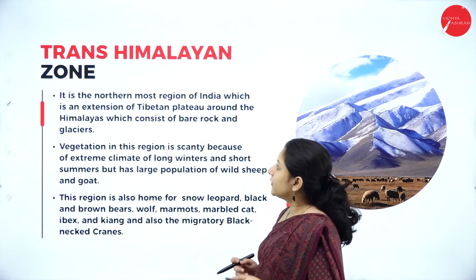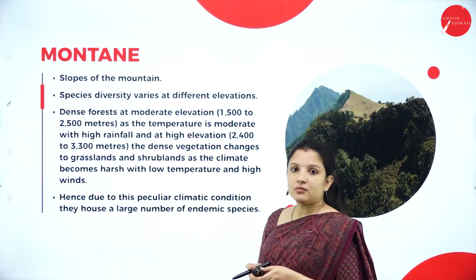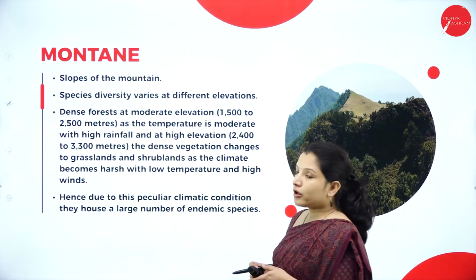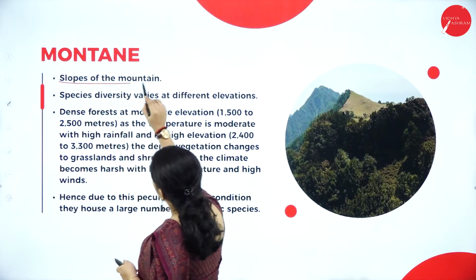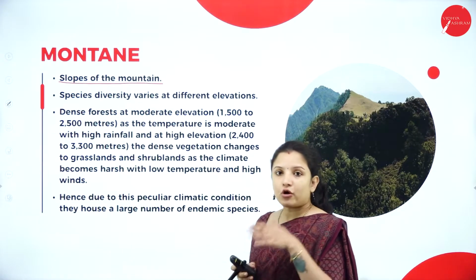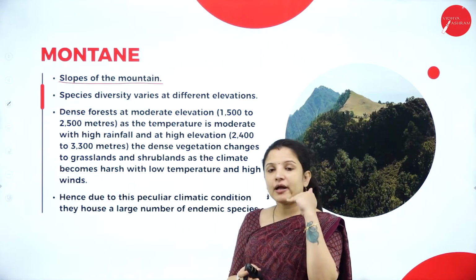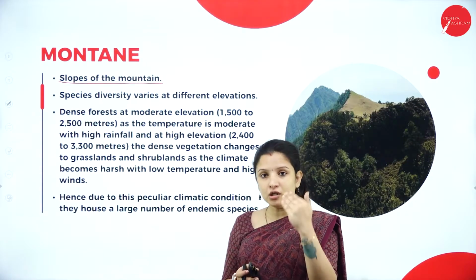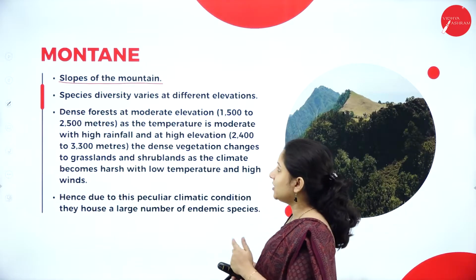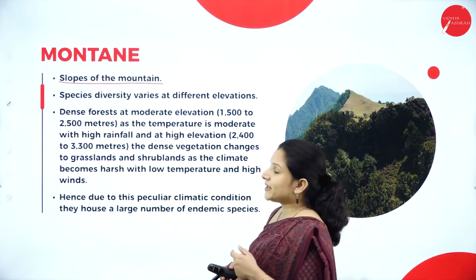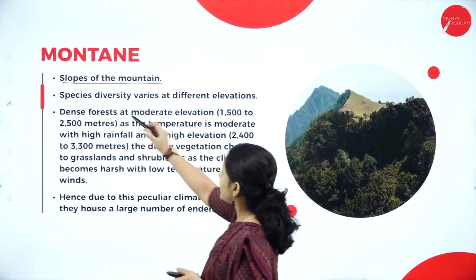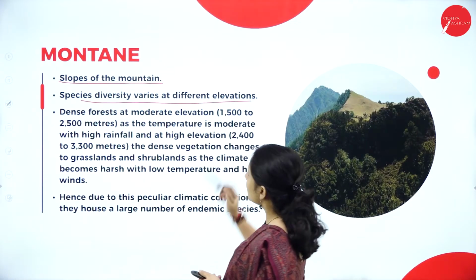Next, moving further, we'll talk about the montane region. The montane region, as the word suggests, is the slopes of the mountain. It lies at a higher elevation above the lowland or above sea level, and it contains the slope of the mountain. Here species diversity varies at different elevations in the montane.